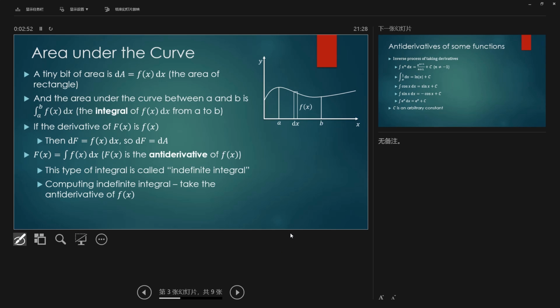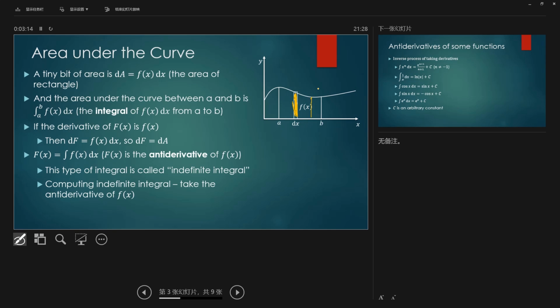Wonderful. Next slide. So, area under the curve. We want to understand the integral, so we have to understand the area under the curve. And this is what integral does. Imagine a very tiny bit of area.